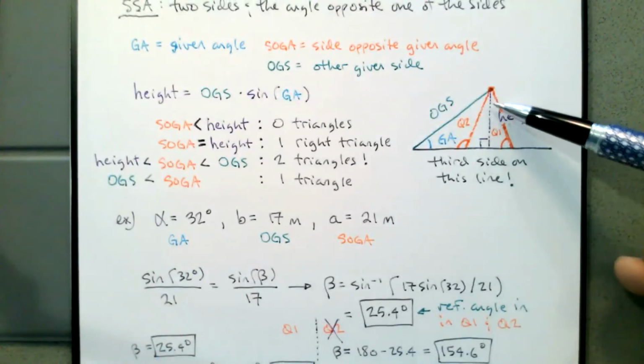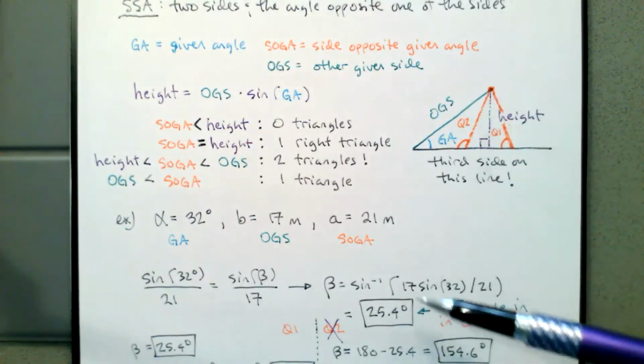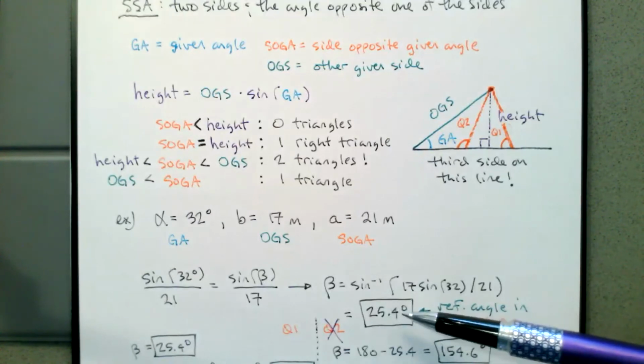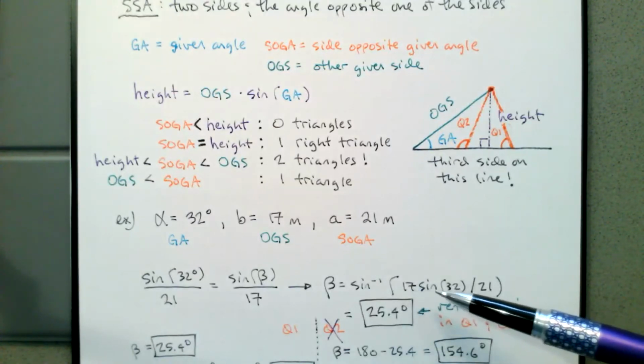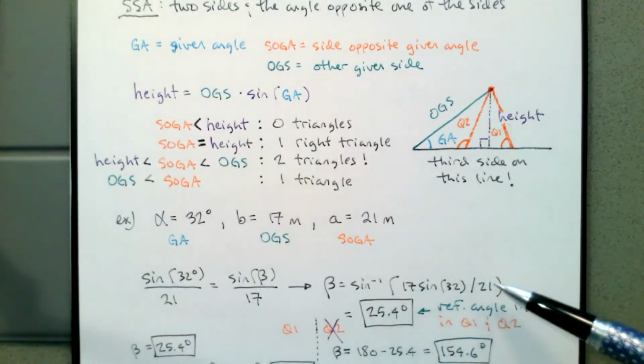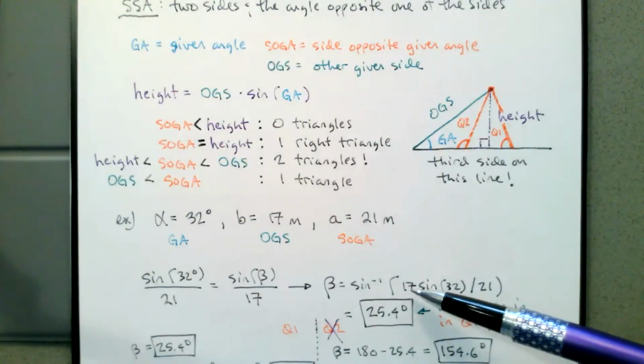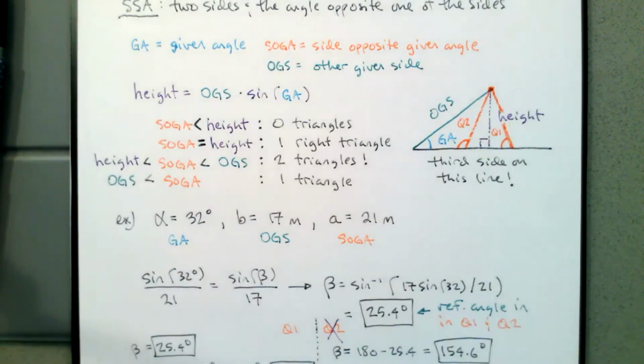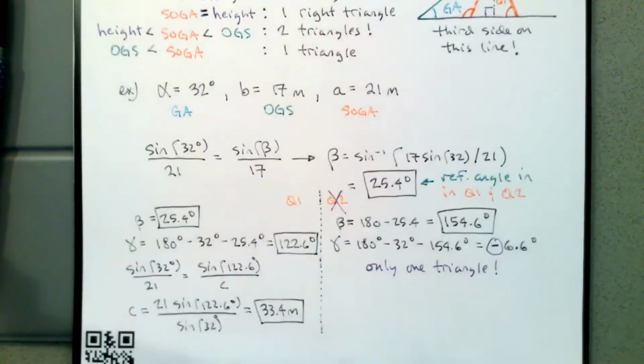If I want the side opposite the given angle to be equal to the height, the sine inverse has to come out to a 90-degree angle, which means 17 sine 32, the other given side times the sine of the given angle, has to exactly equal the side opposite the given angle. That means using lots of decimal places or very specific angles like 30 degrees, so that the side opposite can be 1/2 of the hypotenuse.